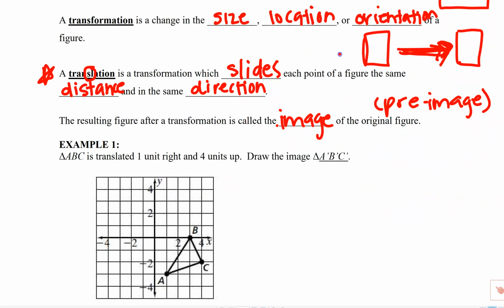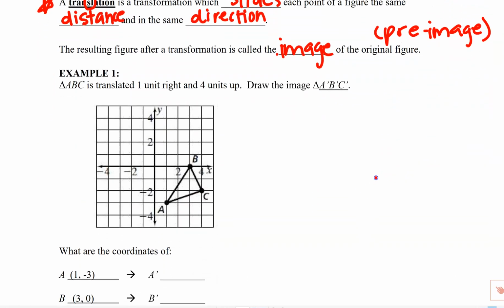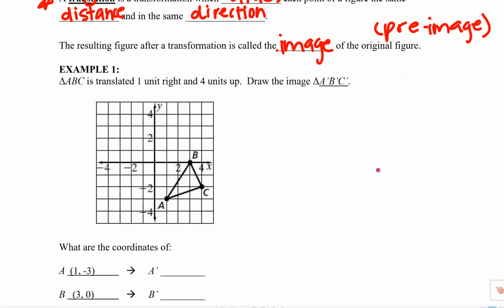If you look at example 1, they give us a triangle and it says triangle ABC is translated. Again, translated means moves. So translated 1 unit to the right and 4 units up. So basically all you're going to do is move 1 unit to the right and 4 units up.